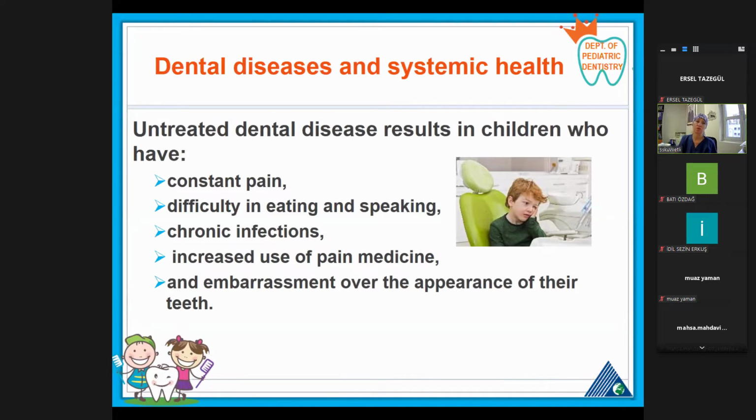Sometimes small children lose their teeth very early in their life, and they have problems with speaking, smiling, and relationships with their peers, and they need to suffer from these situations. So we should understand it's a very big issue for that period of life.